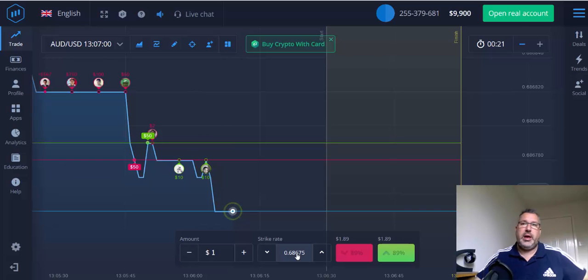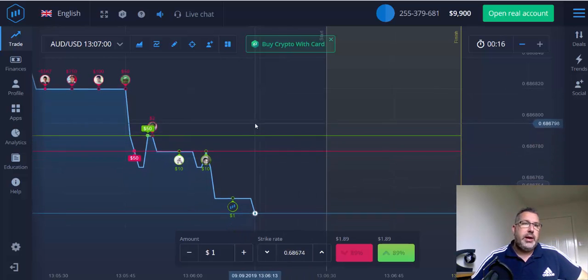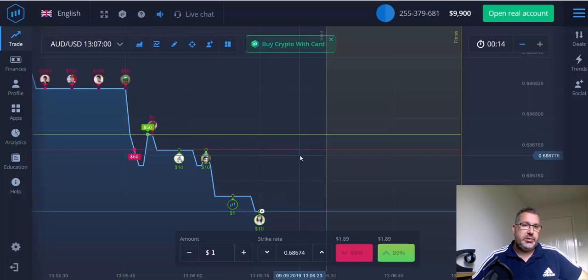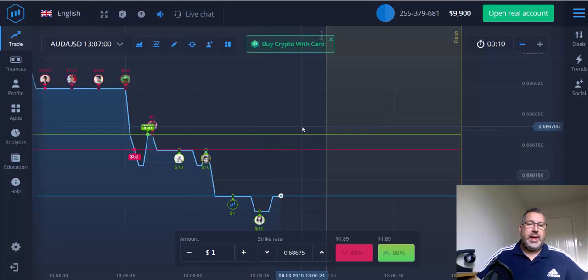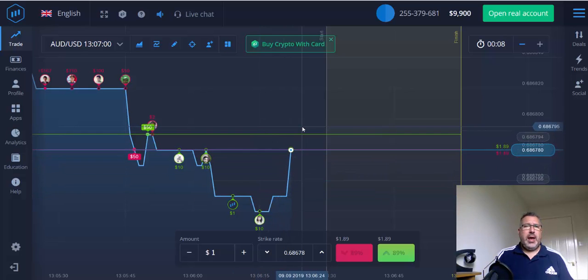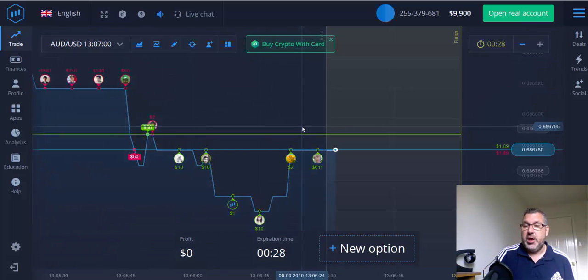You can get different accounts. It did show somewhere. Let me just... You get different benefits with different accounts. So I think with Expert Option, your minimum deposit is $50, and you get various different options with different accounts.